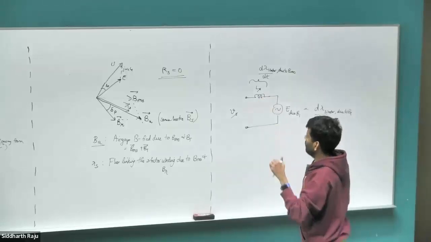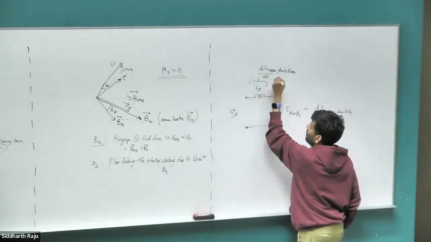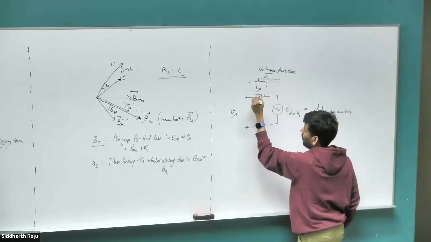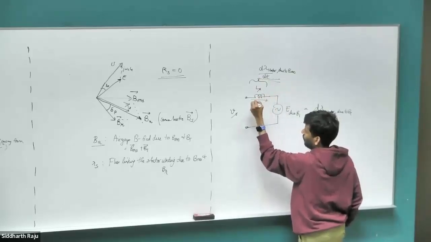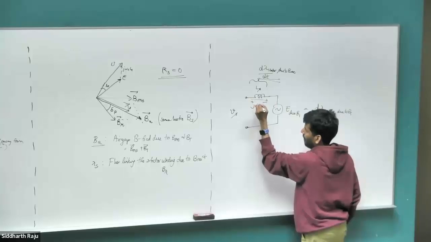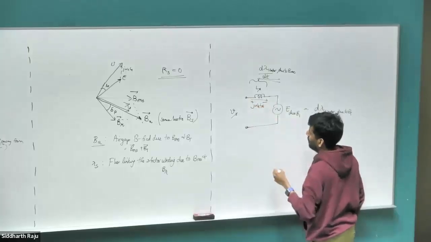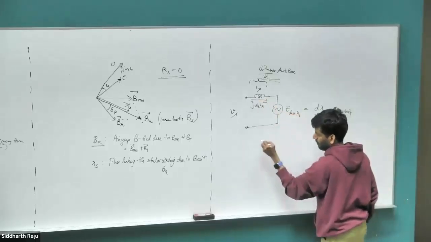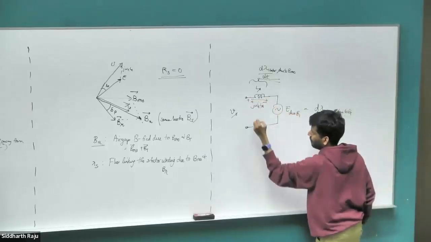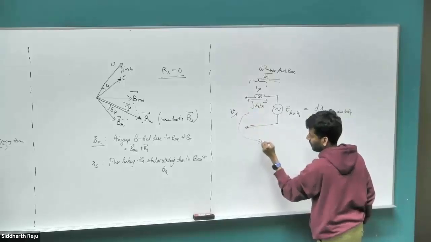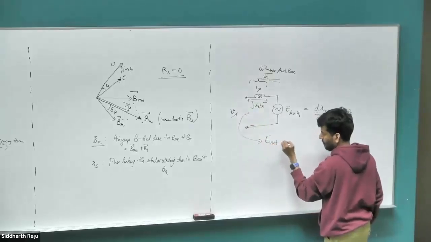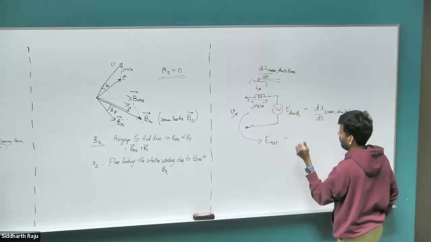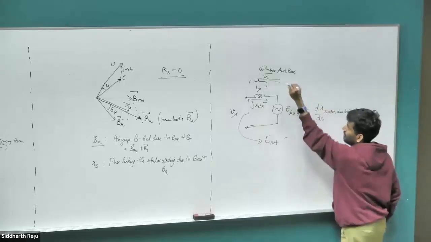So the voltage across this is going to be given by this equation. But we already know the voltage across this from our phasor representation: that would be j omega times Ls times the current. So what is going to be the net EMF between this and this? There are two ways you can calculate this. The net EMF, E net, is going to be equal to, the first way is basically summing this and this term.